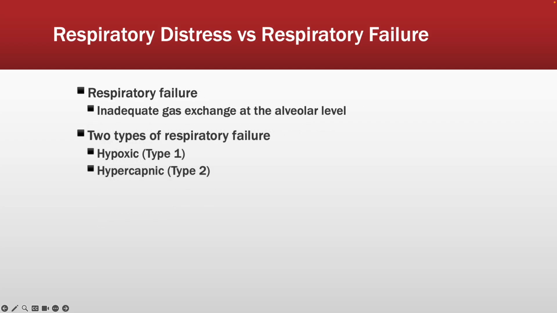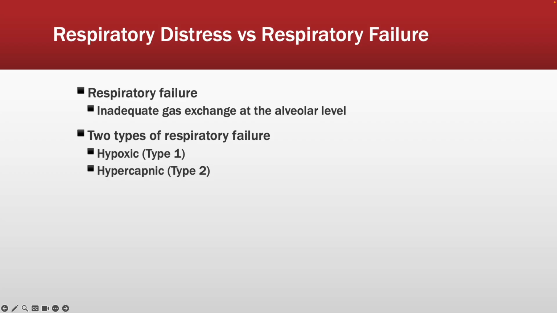So knowing when we're going from respiratory distress to failure is going to be very important. Basically, in respiratory distress, they're not breathing well. They're having those signs and symptoms of the tachycardia and the increased respirations and the agitation, the anxiety, just from not being able to breathe well.